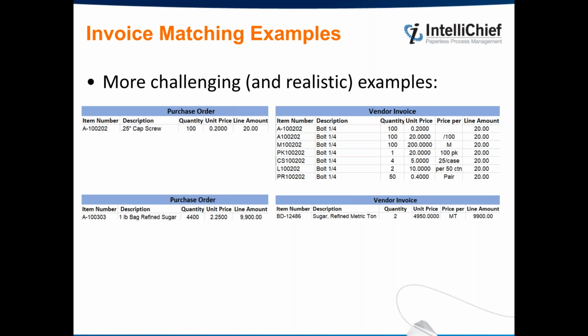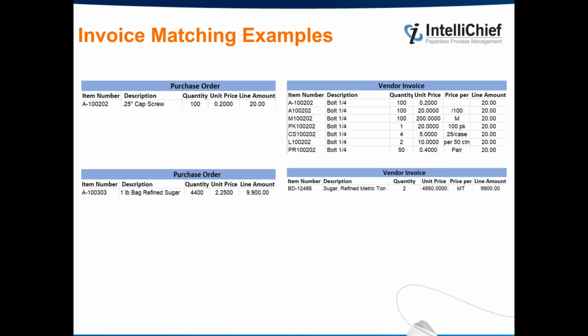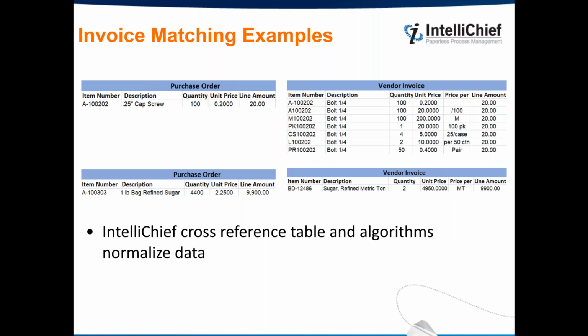Well, traditionally, these two do not match. This purchase order does not match that invoice, so you would think that stops. We want to increase straight through. We don't want users to have to do math on something that definitely matches and the prices are the same. So what we do is we use this cross-reference table and algorithm to normalize this data so the user doesn't have to do it.